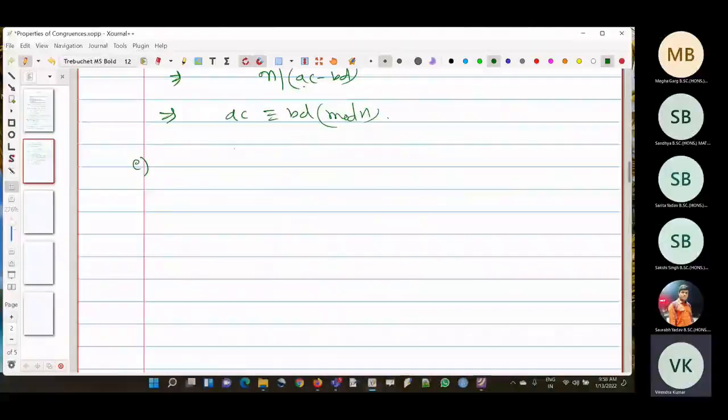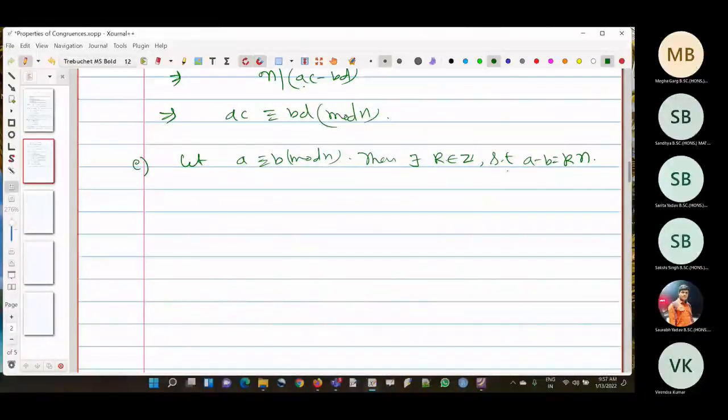So let us see. Let A be congruent to B modulo n. It has been given. Then there exists an integer k belonging to Z such that A minus B equals k times n. So this is what we know.